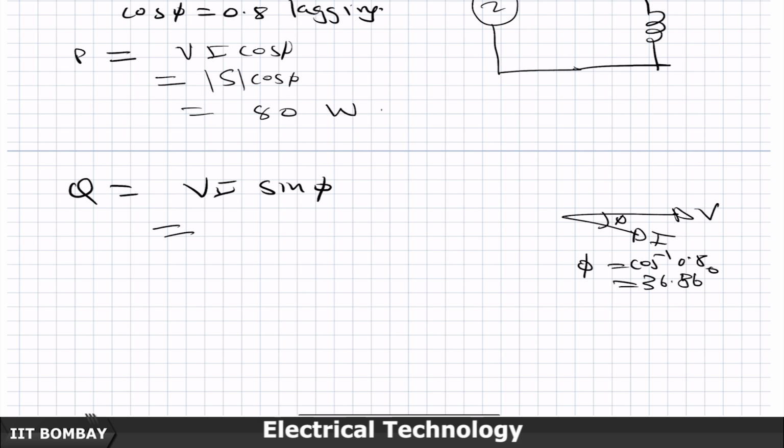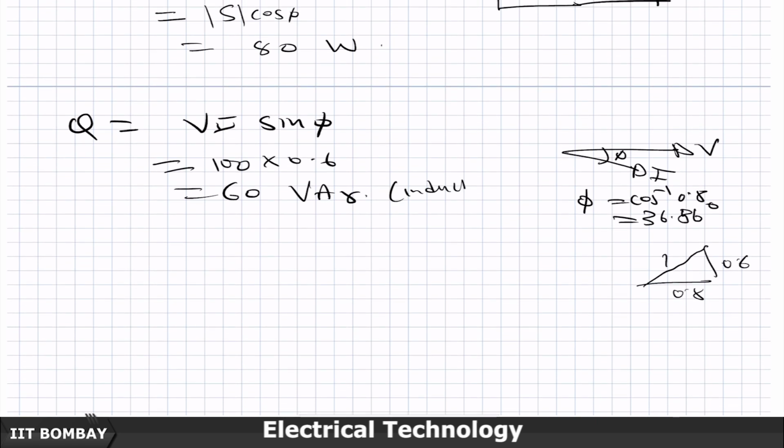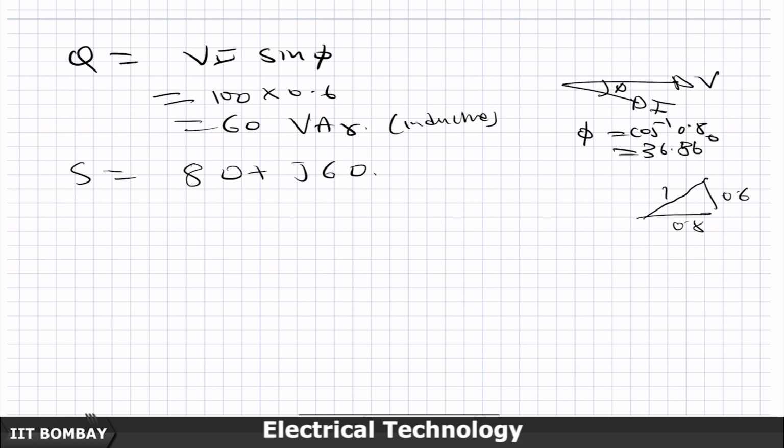If cos phi is 0.8, then sin phi has to be equal to 0.6 because 0.8 squared plus 0.6 squared is 1. Therefore, this Q is going to be equal to 60 volt amperes reactive. Now, this is inductive, by the way, just you know this now. S is in our case 80 plus j times 60.